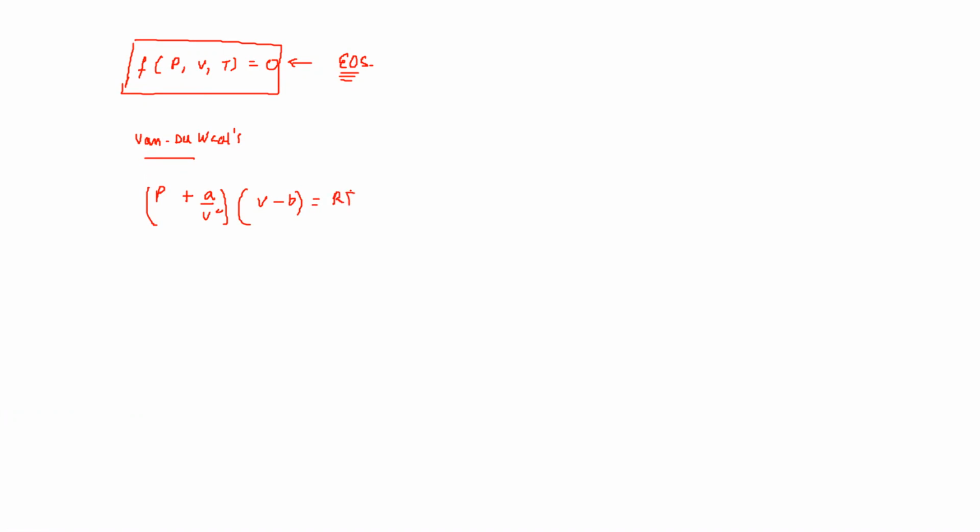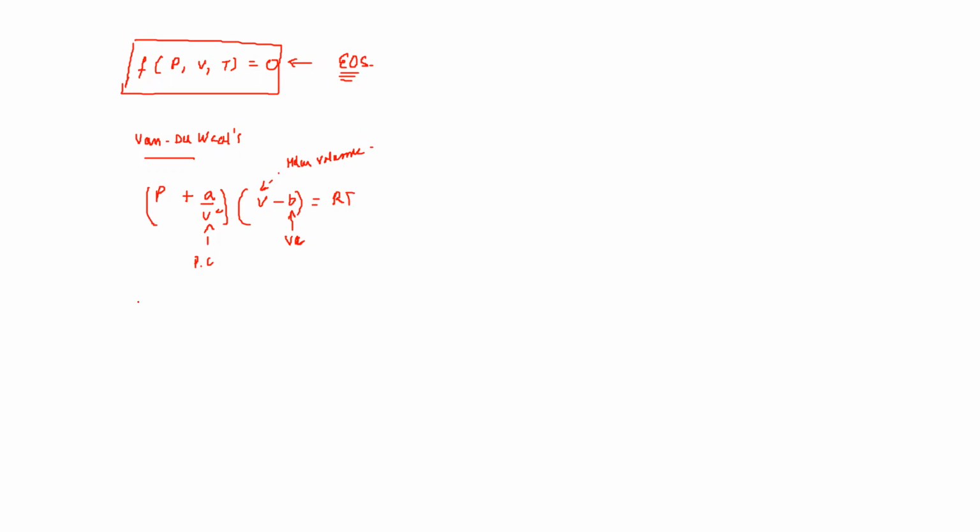Here, A by V square is known as the pressure correction term and B is known as the volume correction term. Remember, V is the molar volume, so we really need to take care of the units while we are solving questions related to the van der Waals equation.